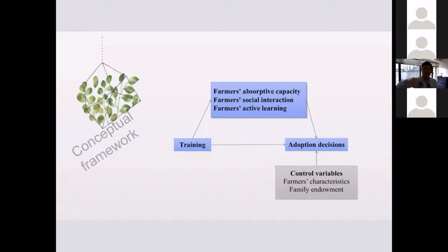It can facilitate information sharing in the groups after training ends. So we think agriculture training increased non-adopters' adoption rate of the DFS through improving their absorptive capacity, social interaction, and active learning.